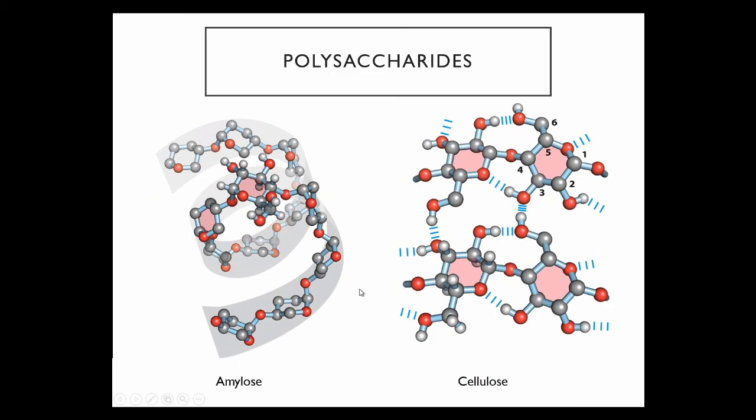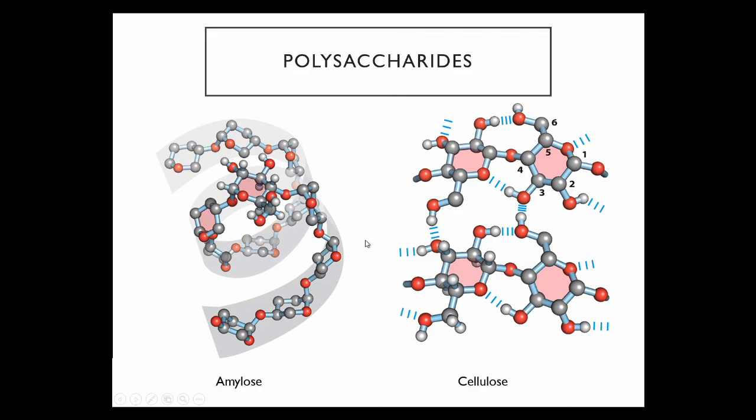You can see things like helices. For example, amylose can form this, which is actually a left-handed helix. Or cellulose, where the individual monomers within a chain form hydrogen bonds and can also form hydrogen bonds with adjacent chains, forming these very sturdy fibrous structures.